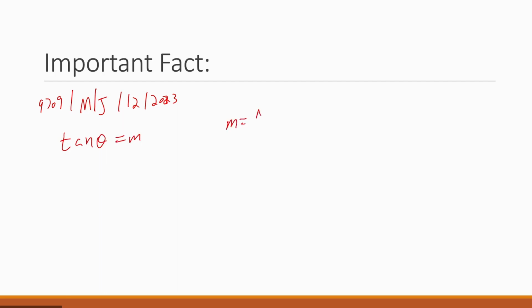m is supposed to be change in y over change in x, and tan theta is supposed to be equal to, as we know, TOA. Tan theta is equal to opposite over adjacent. So now let's draw a right angle triangle, something like this. Let's say this is the right angle triangle, and this is your angle theta.